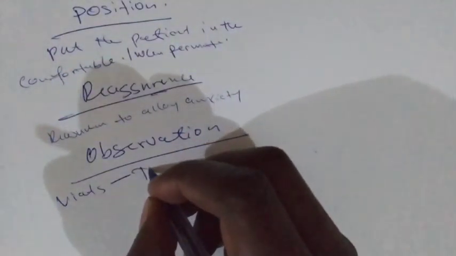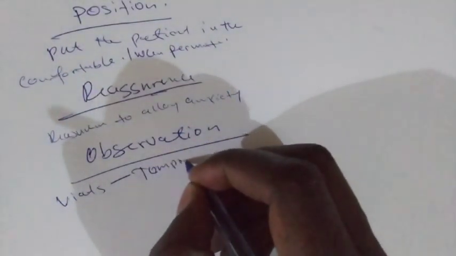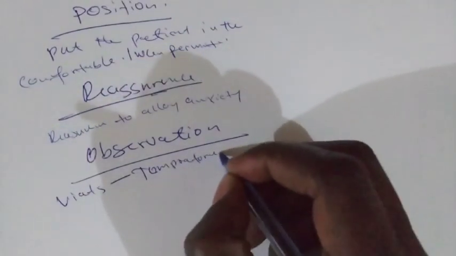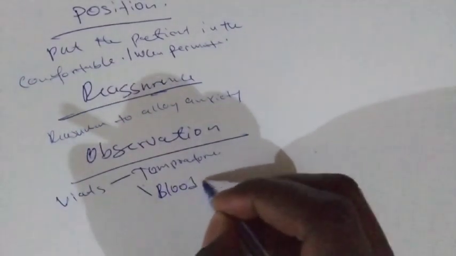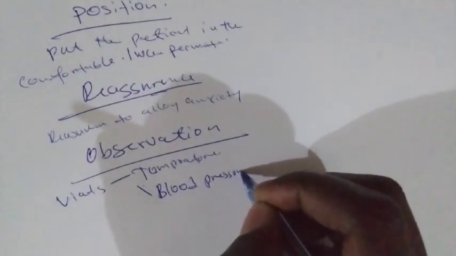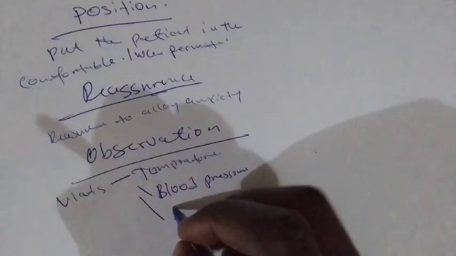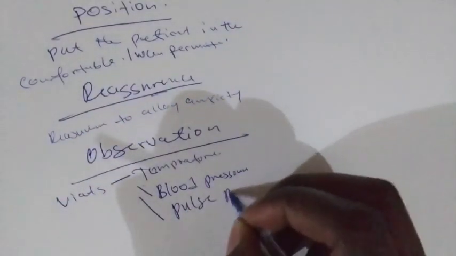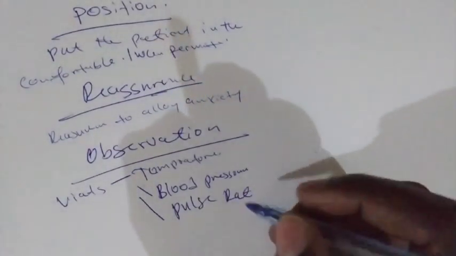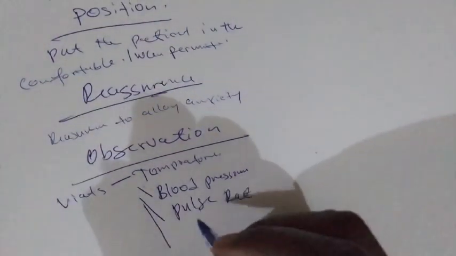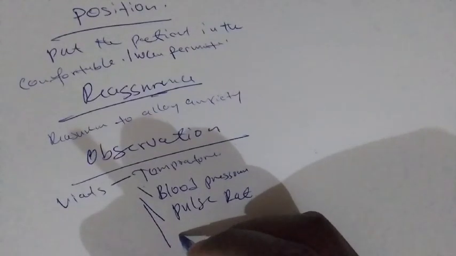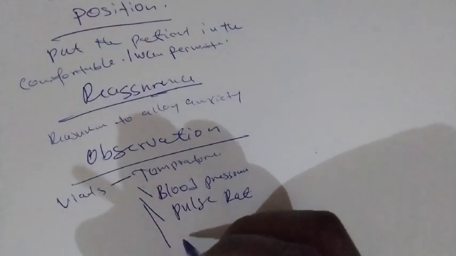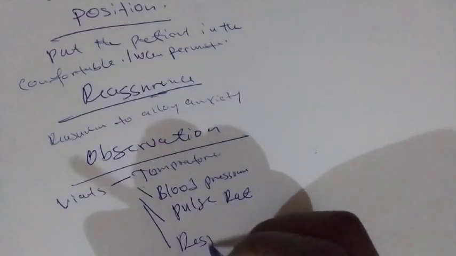And those vital observations are temperature, we are going to do blood pressure, we are going to do pulse, rate, rhythm, all those ones. And then we are going to do respiration.